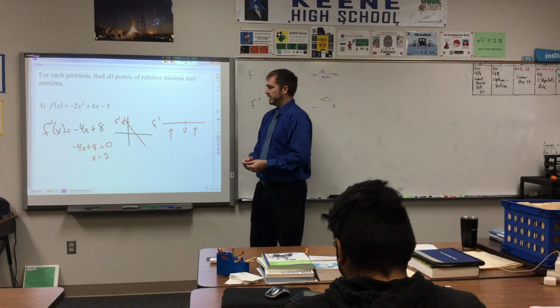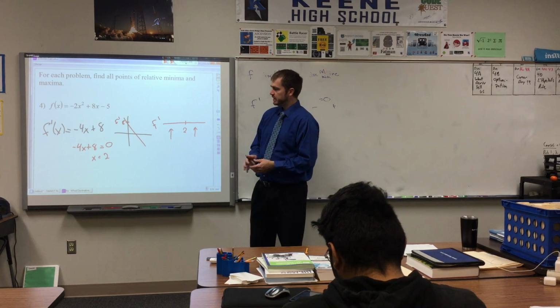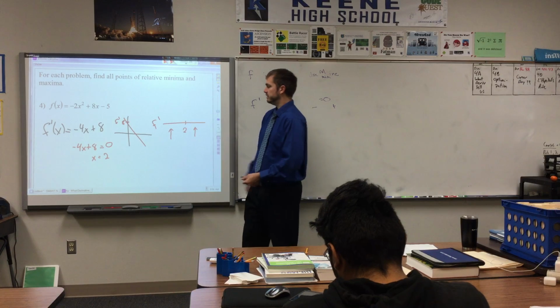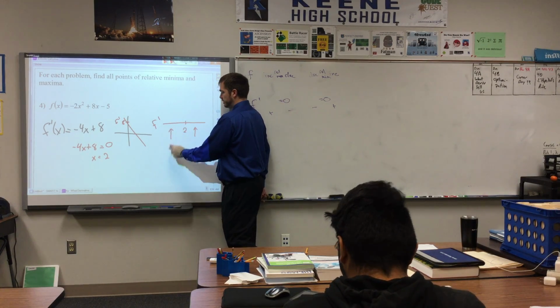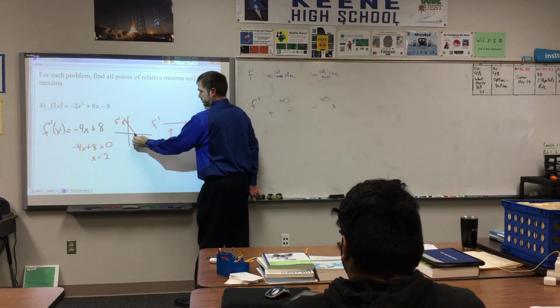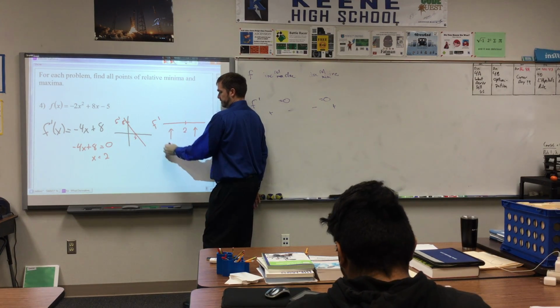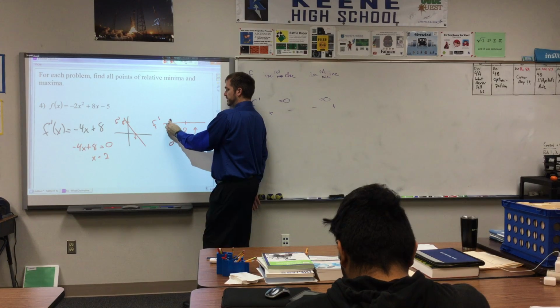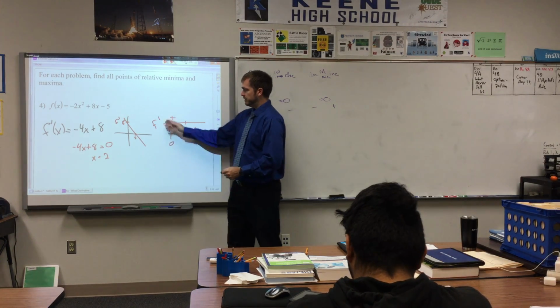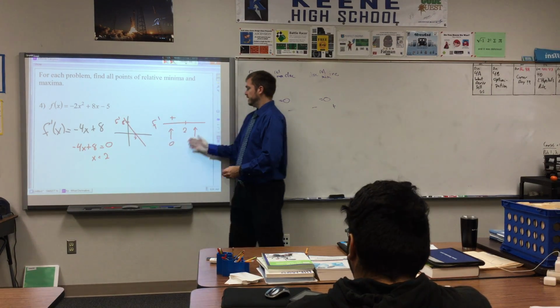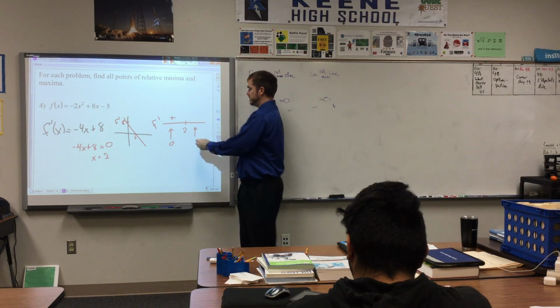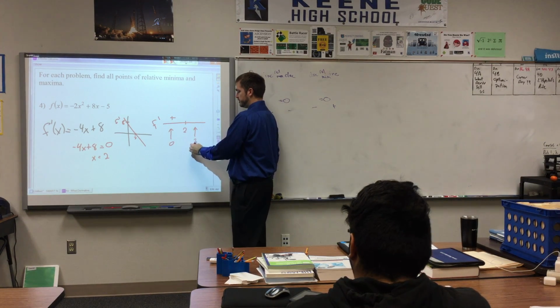Now, in this case, since our derivative is so easy and we even have a graph here, we can do this very quickly. A little bit before 2, pretty much in this region, I'll just put 0. We know that the derivative is positive, and a little bit afterwards, maybe we'll just say 3.